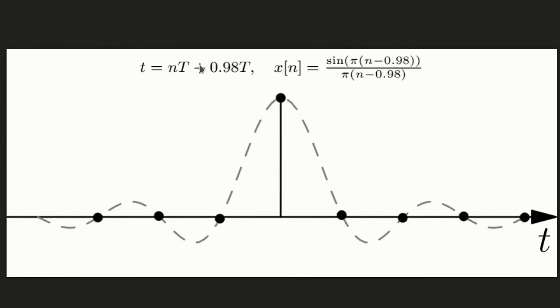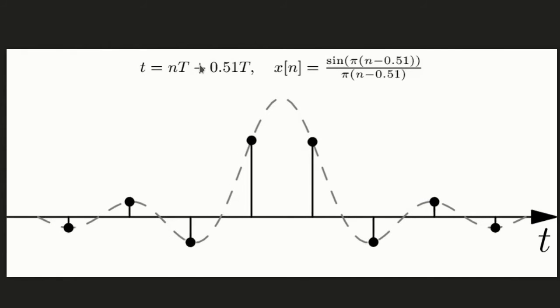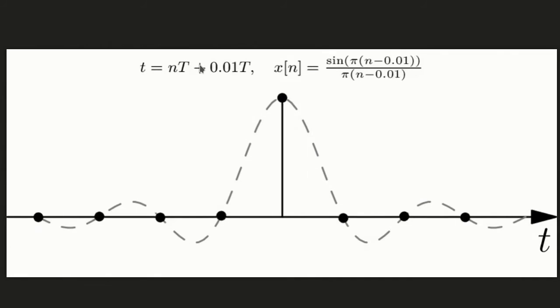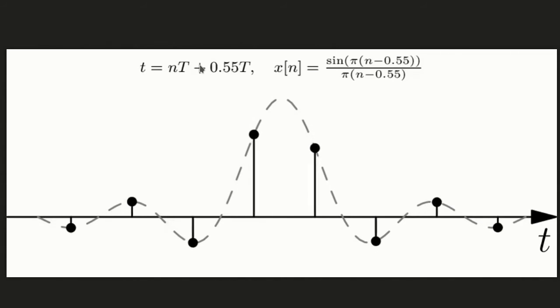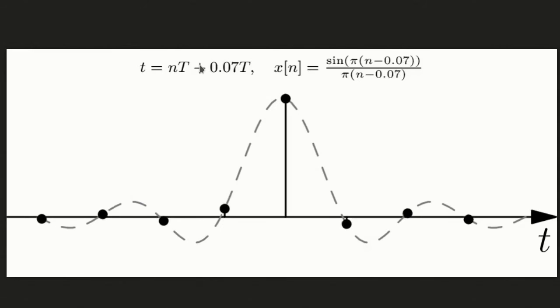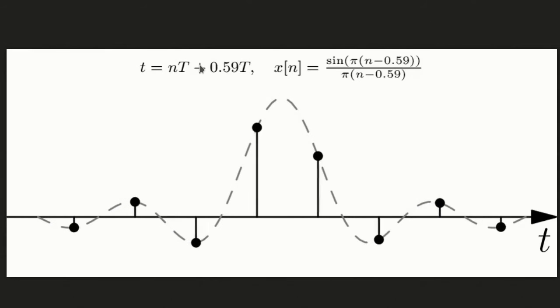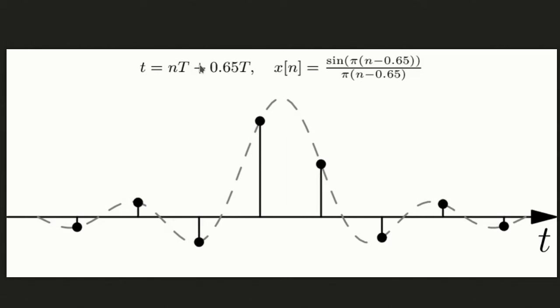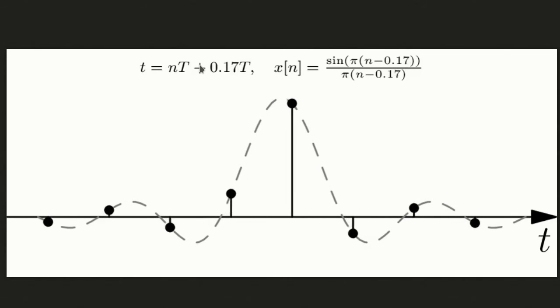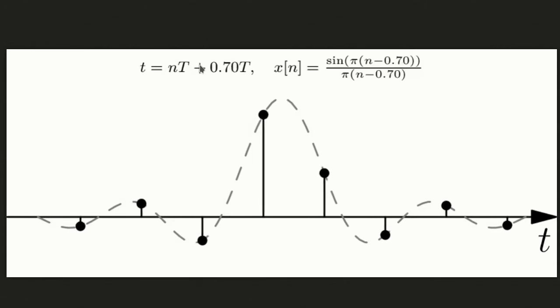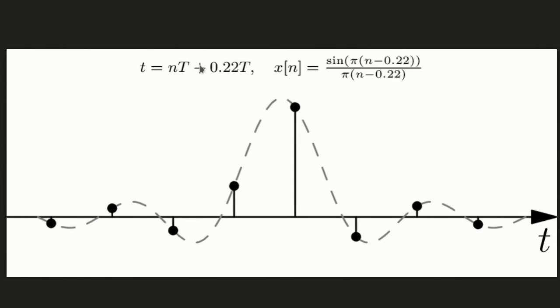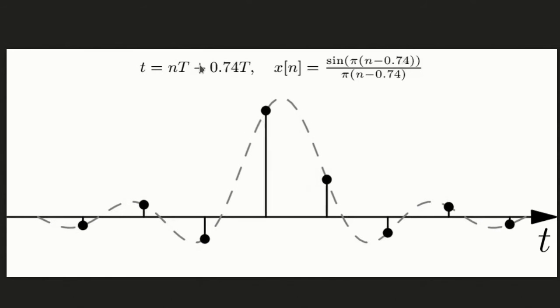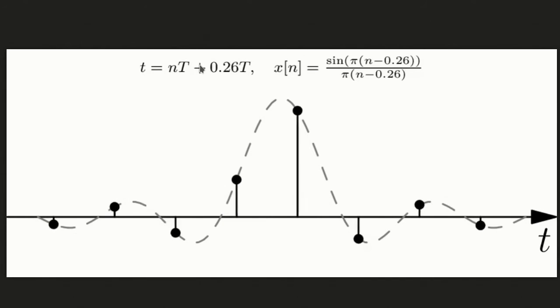I'm keeping the sinc constant, changing the sampling location, and plotting for you the exact location of the x[n], which is the so-called fractional delay. So if you trace out various values of alpha, I'm changing alpha from 0 to 0.99, you see that it actually traces the shape of the sinc.